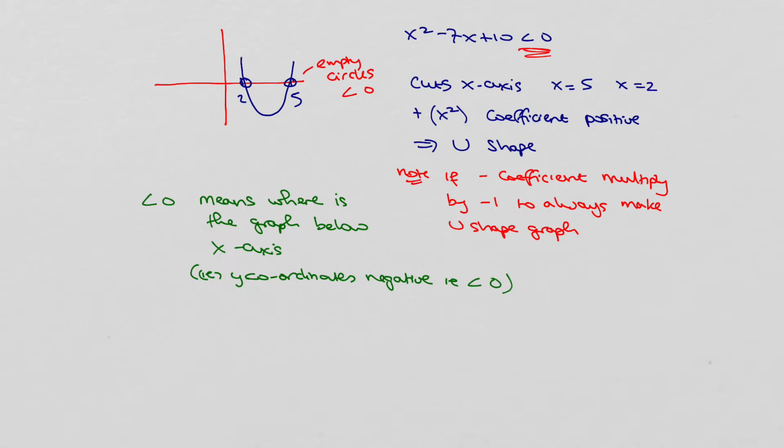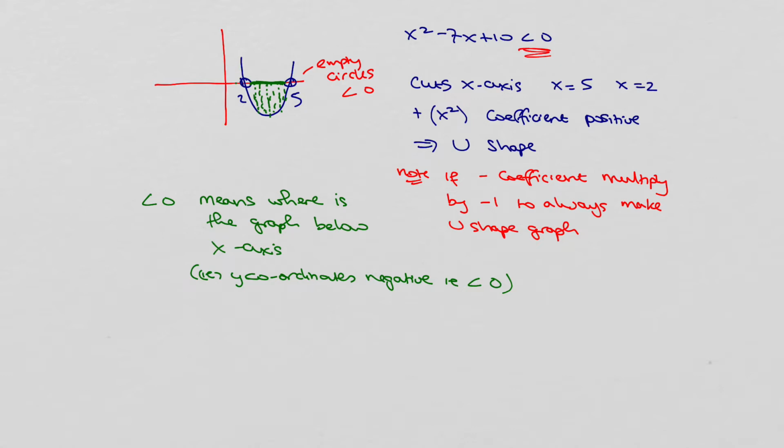So if I'm looking at what values of x make my y-coordinates below the x-axis, well, it must be any number between 2 and 5, because if I go to, say, 3 and I go down, my y-coordinate is negative. If I go to 4 and I go down, my y-coordinate is negative. If I even go 4.5, 4 3/4, in other words, all the values between 2 and 5 give me negative values for y. Whereas if I was going to the left of 2, I would get a positive y value. And if I was going to the right of 5, I would get a positive value for y.